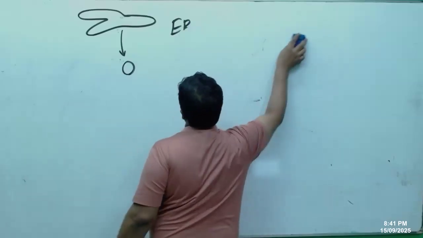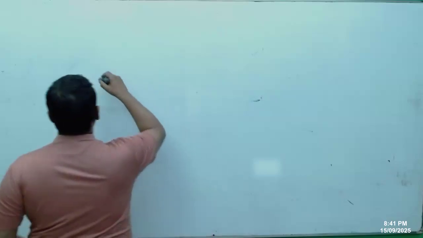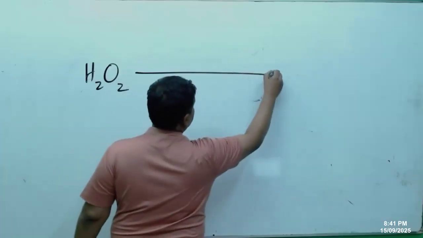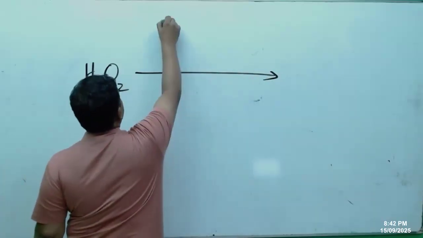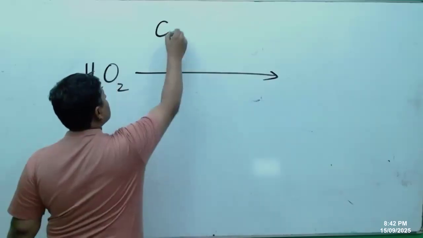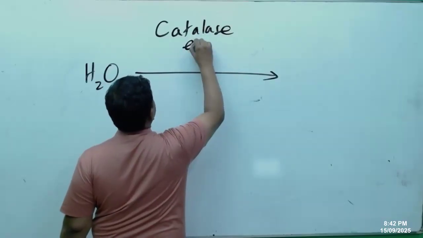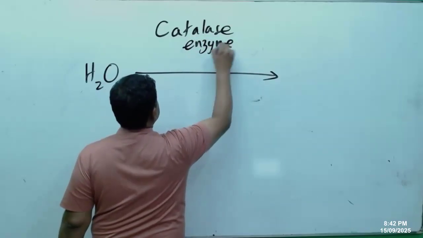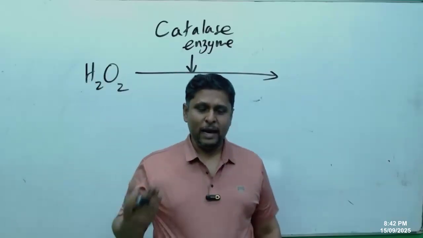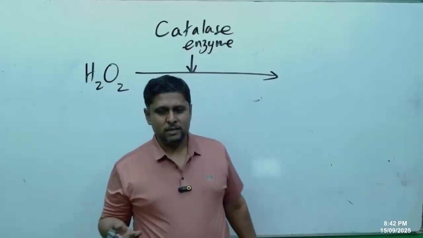What breaks down H2O2? Peroxisomes store catalase enzyme. This catalase enzyme breaks down hydrogen peroxide, which is produced during the metabolic activities of plant cells or animal cells.